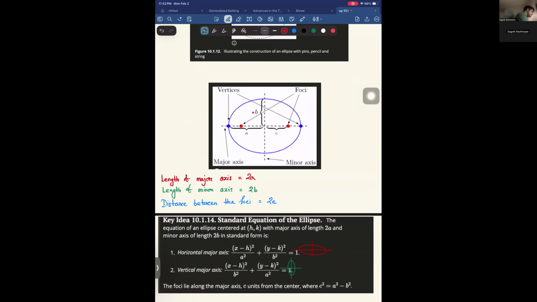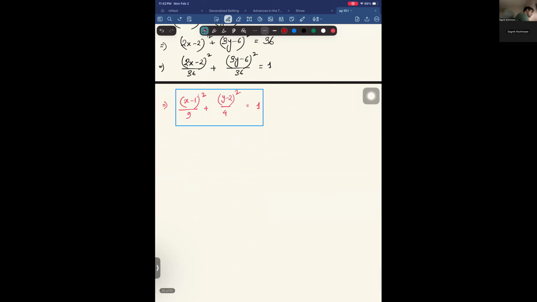Remember that the center was of the coordinate h comma k, right? And if the center is h comma k, the equation is this. So in this equation, our center h comma k is 1 comma 2, because compare the equation.